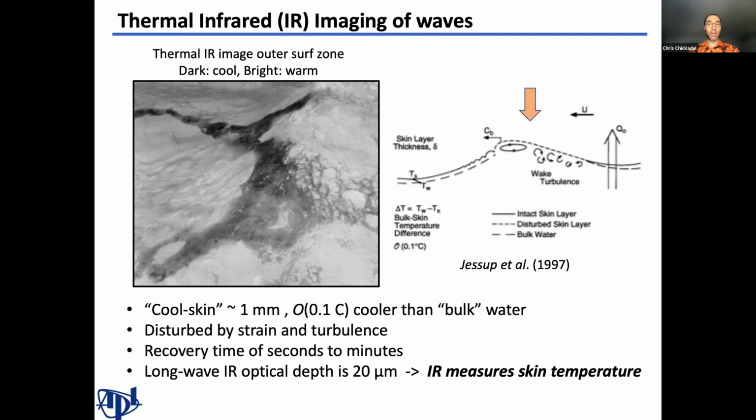So in the case of a breaking wave, as demonstrated in this image, at the wave crest and in the wake turbulence behind it, it would look relatively warm, whereas in the undisturbed water in front of the wave, and some time and distance behind the wave, when this cool skin reforms, it would look cool. The recovery time is of order seconds to minutes, depending upon the heat flux.